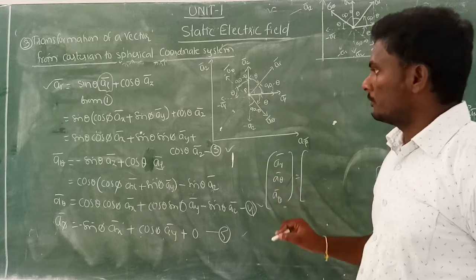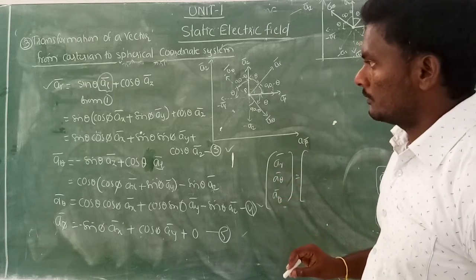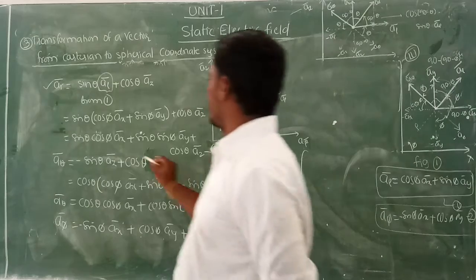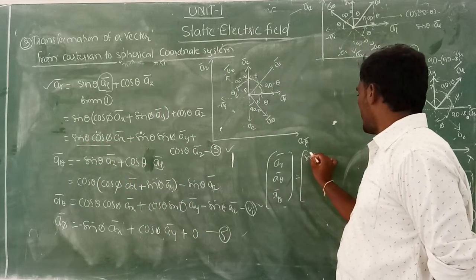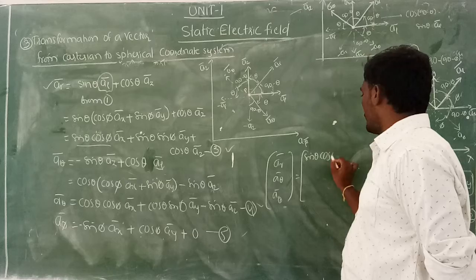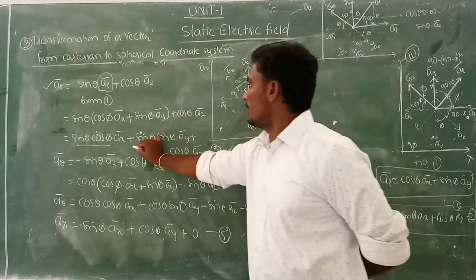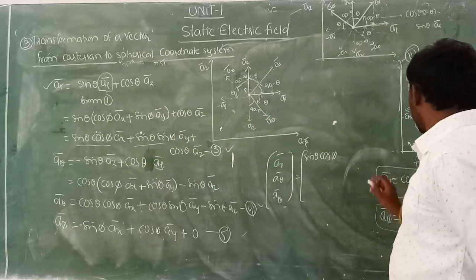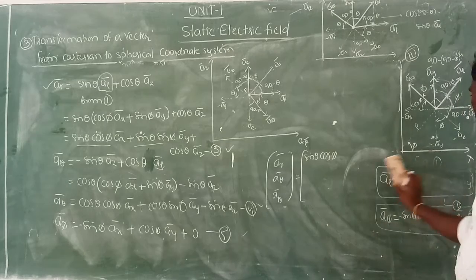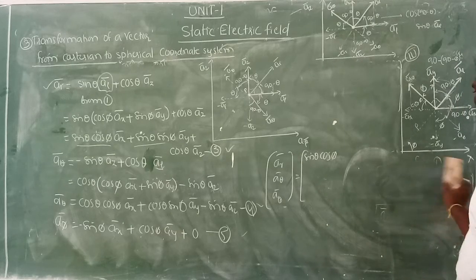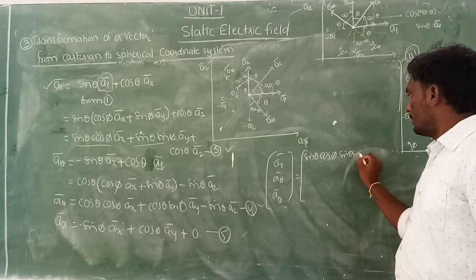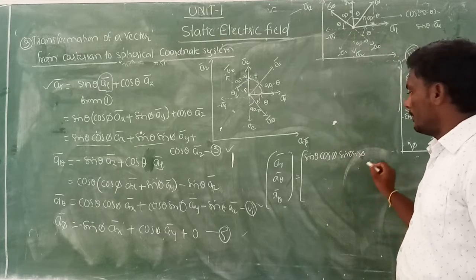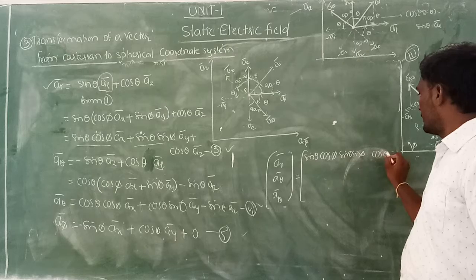What is the magnitude? Constant one. AR bar row: sin theta cos phi, sin theta sin phi, cos theta.